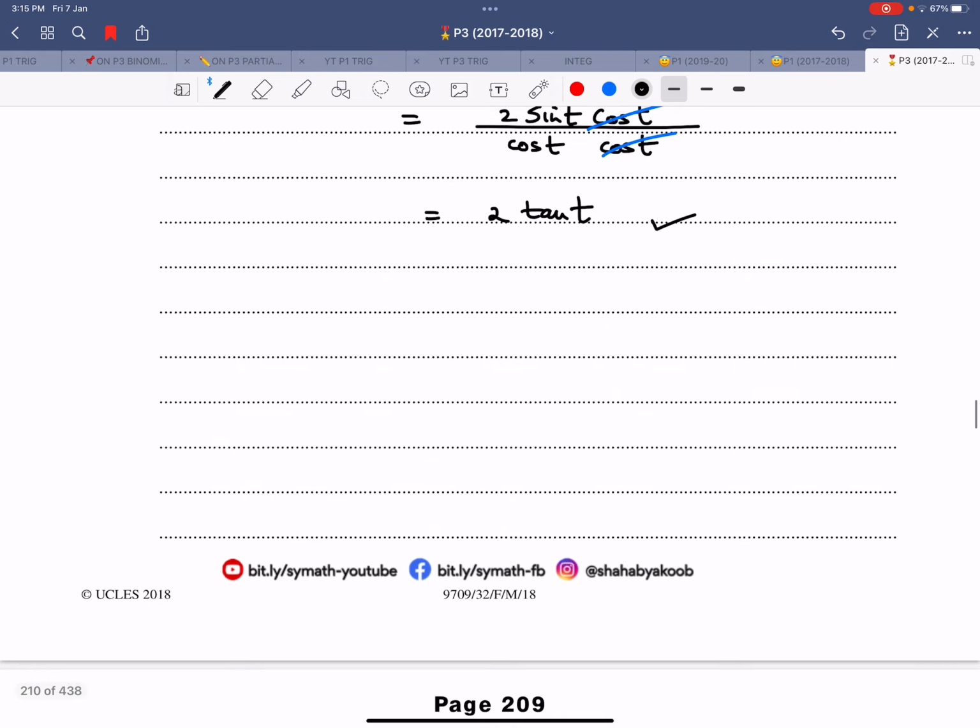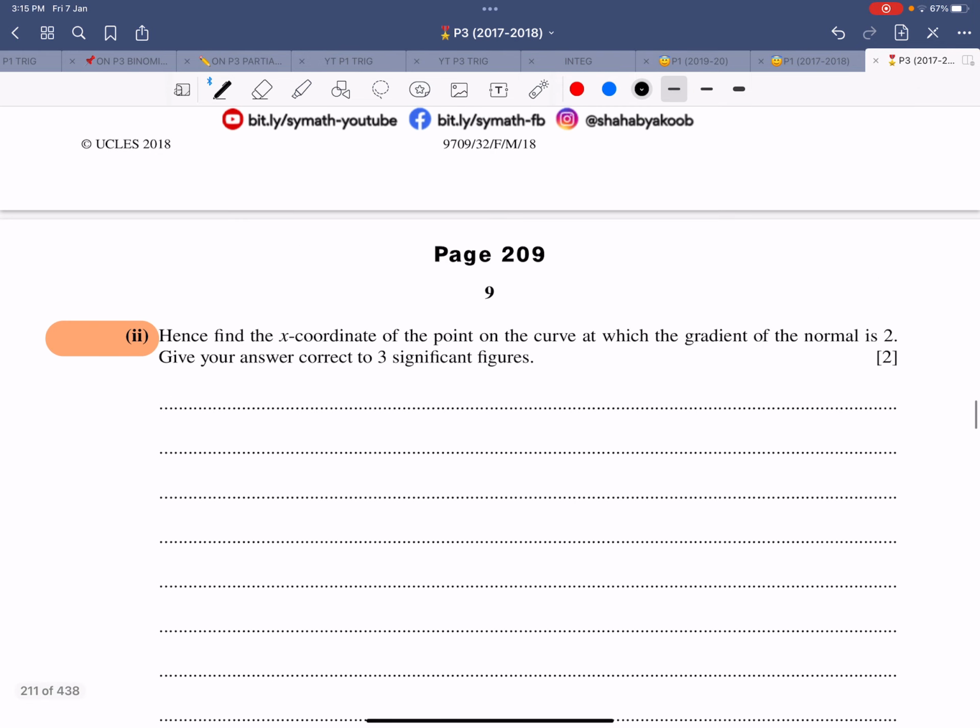Now what is the next part? The next part is, hence find the x coordinate of the point on the curve at which the gradient of the normal is 2. Now remember this thing, gradient of tangent is dy by dx and gradient of normal is the negative reciprocal of gradient of tangent. That means if gradient of normal is 2, therefore gradient of tangent should be the negative reciprocal, which is negative half.